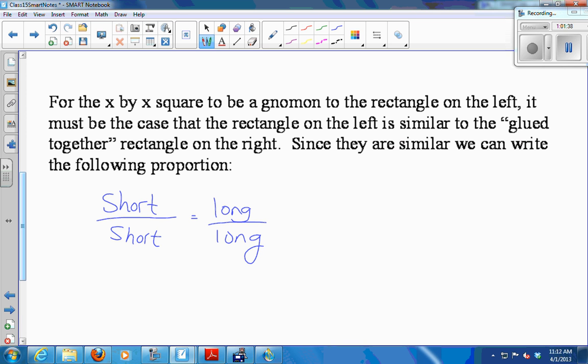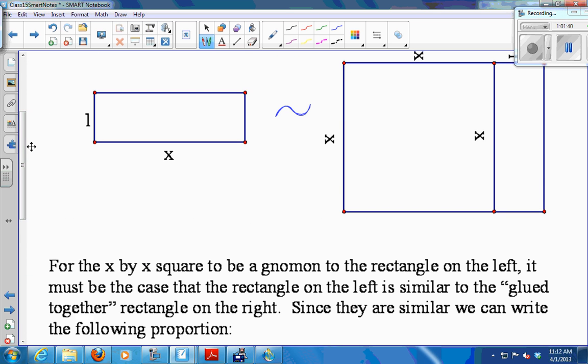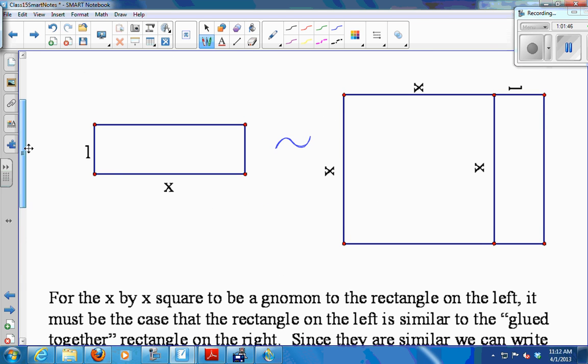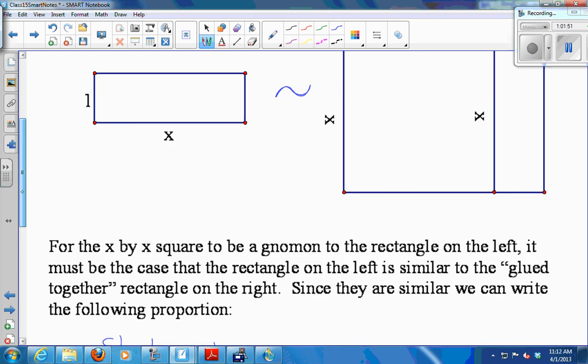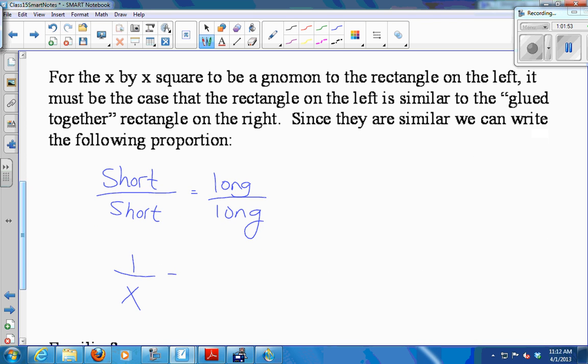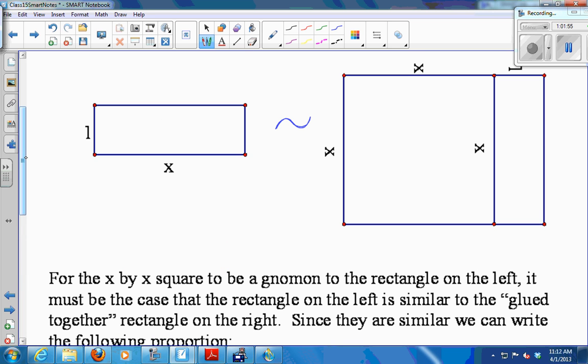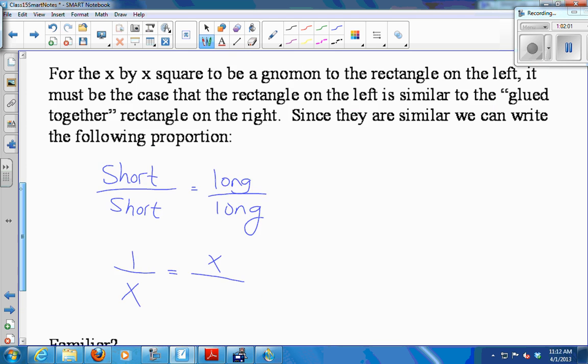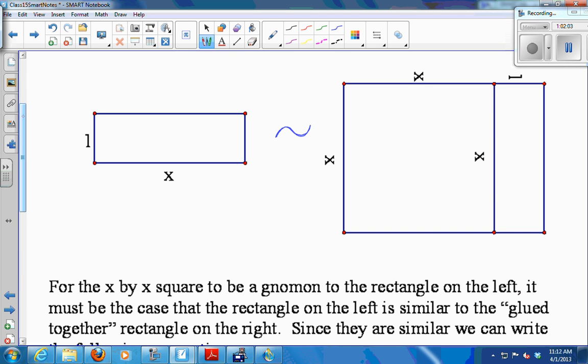So the short side of this rectangle would be 1. The short side of the glued together rectangle is x. The long side of my smaller rectangle on the left is x. The long side of this rectangle is 1 plus x.